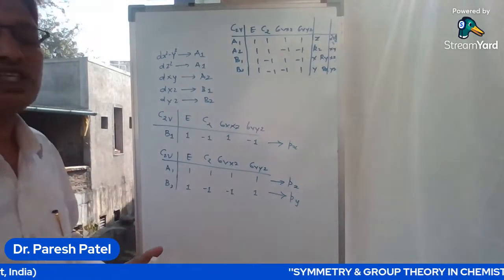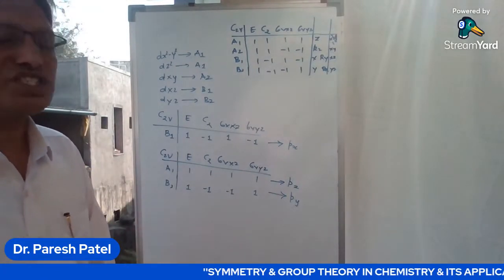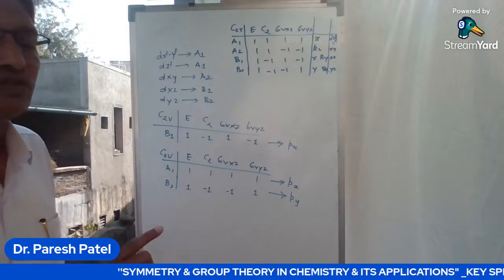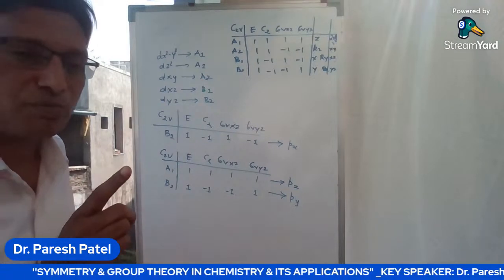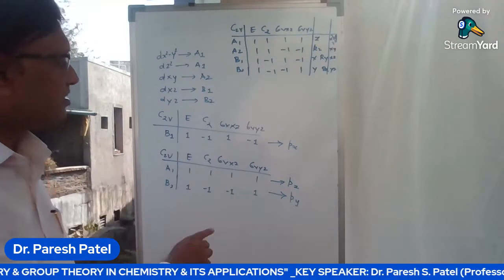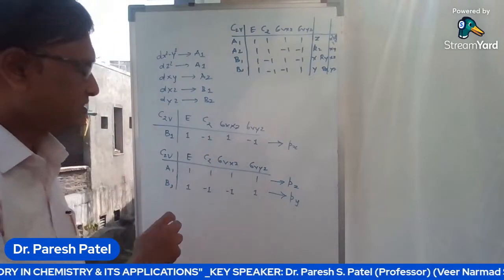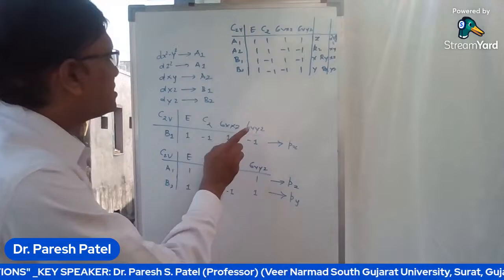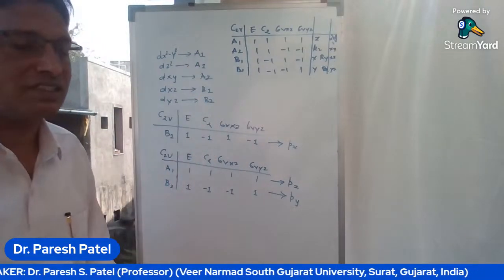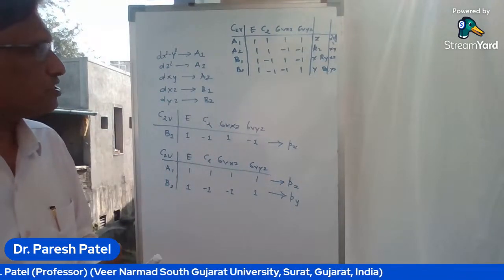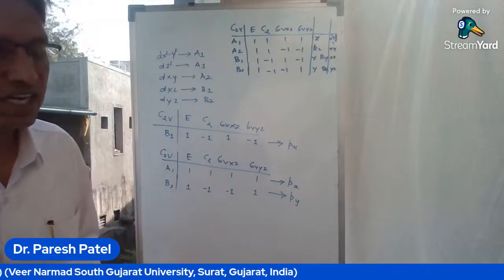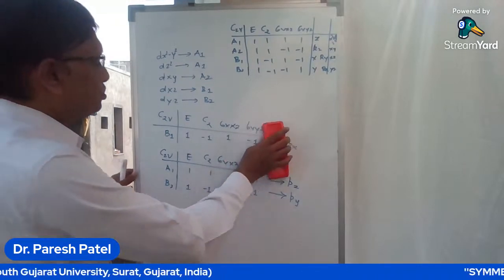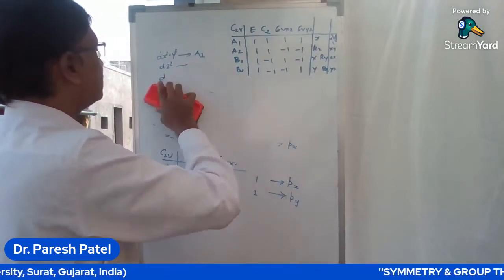Whenever we talk about the transformation properties of the oxygen atom in the water molecule, we have to first derive the contribution from the s orbital, then px, and from that we can predict the contribution from py, pz, as well as the d orbitals. So dear students, these are the transformation properties. Now we are going for the total contribution from p orbitals.